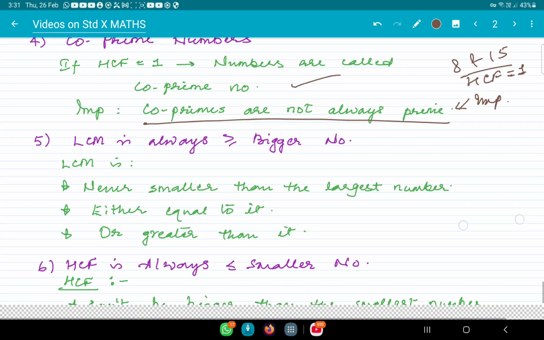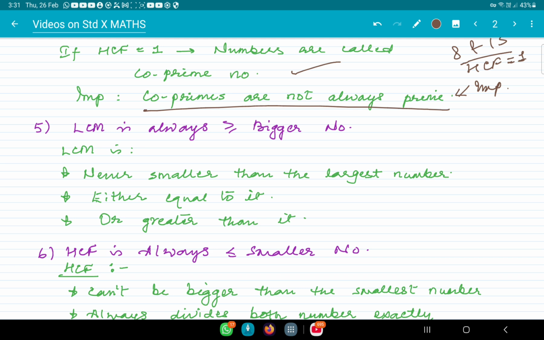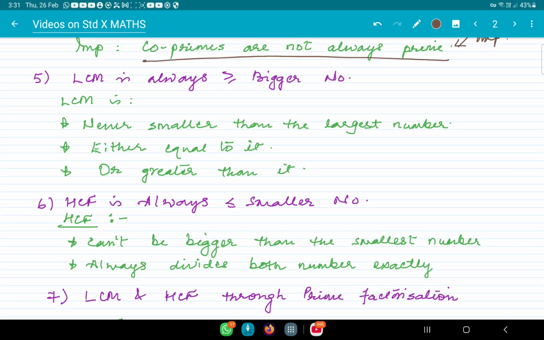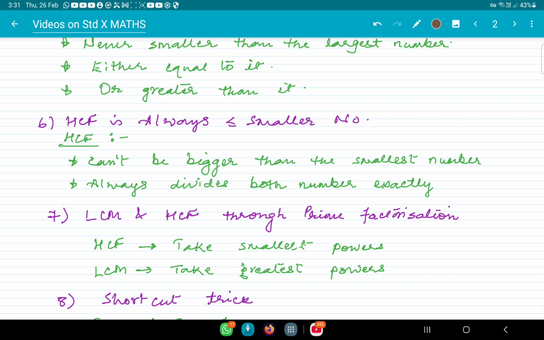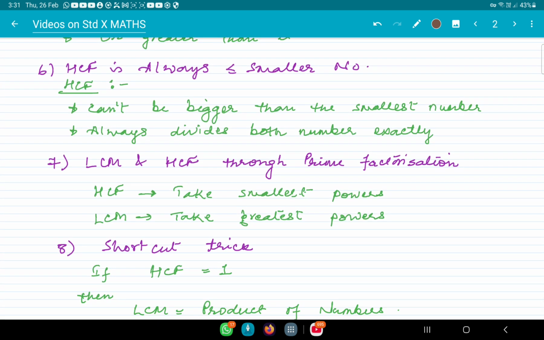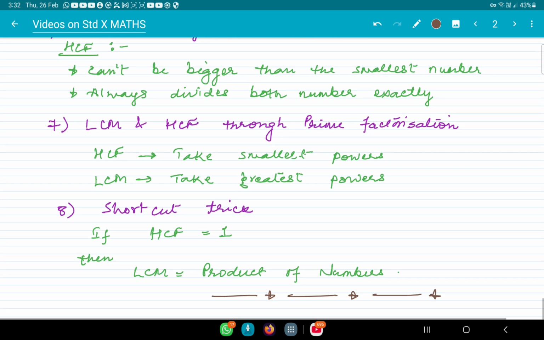Next is LCM is always greater than or equal to the bigger number. Always remember that LCM is never smaller than the largest number, it is either equal to it or greater than it. Next is HCF is always less than or equal to the smaller number, which is the same thing as the previous point but said in another way.